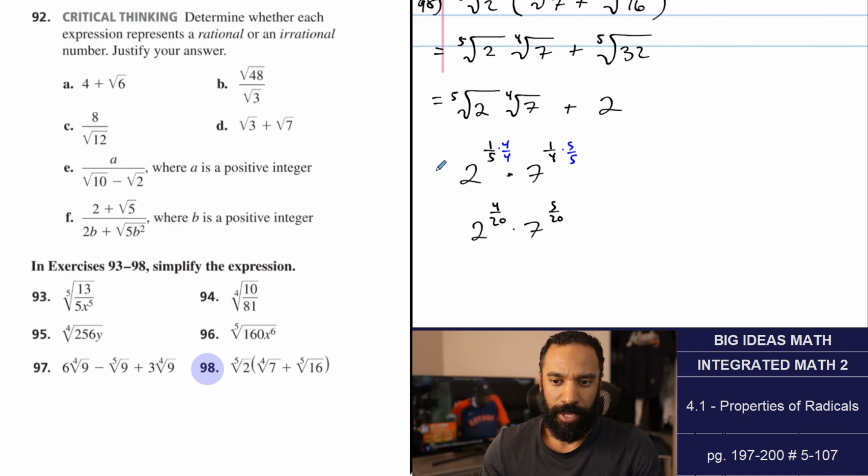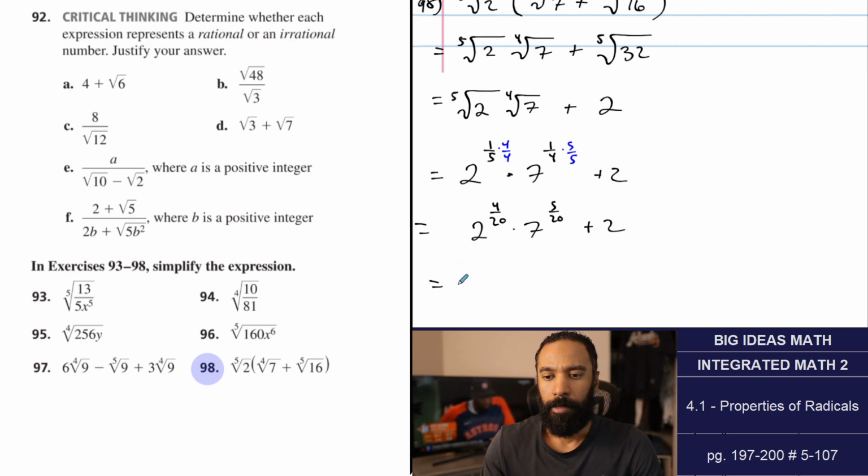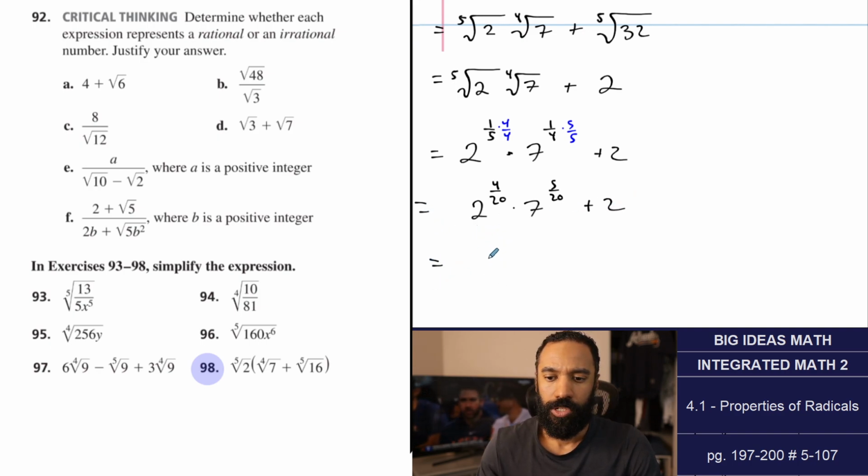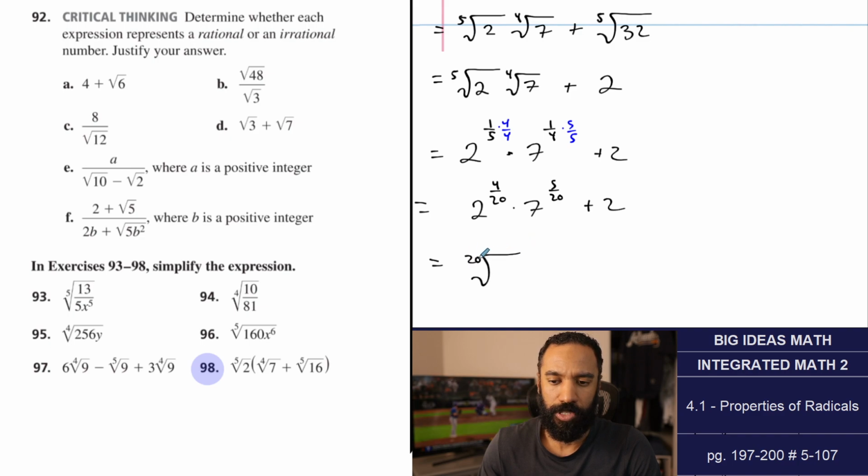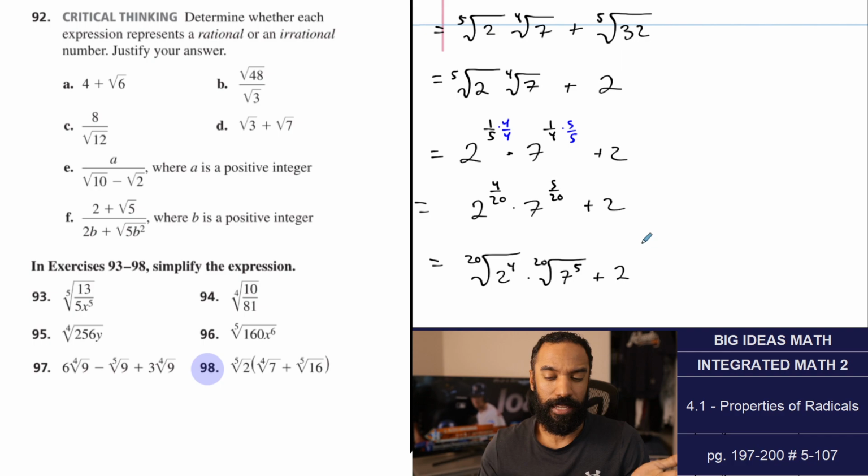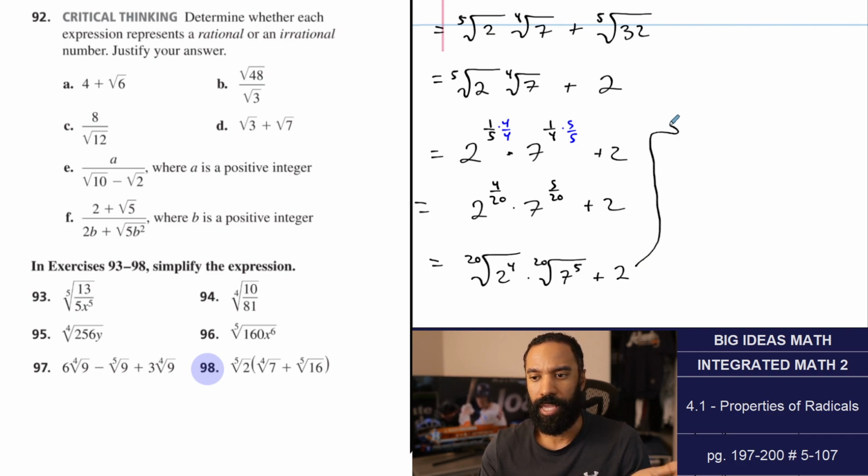And this is all plus 2, by the way. The plus 2 is just kind of irrelevant. It's on the side. But now I can turn this into the 20th root of 2 to the 4th times the 20th root of 7 to the 5th. Now, I wonder if something can simplify. Probably not. No, nothing can. It's just 2s and 7s.